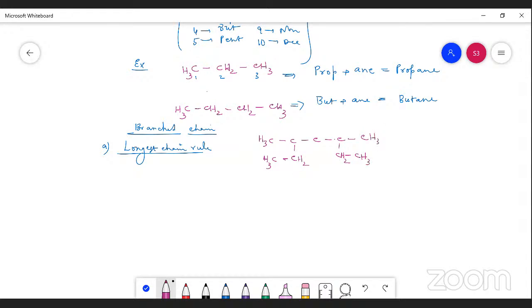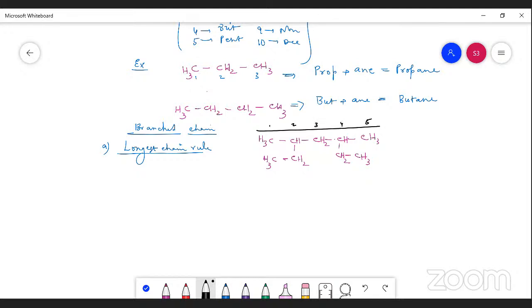Here how many branches are there? 2 substituents are there. So now we have to follow the longest chain rule. The chain which has the larger number of carbons, we have to consider as the main chain. See, if you take this straight chain, how many carbons are there? 1, 2, 3, 4, and 5.